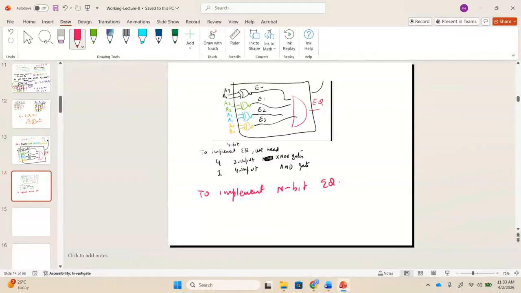N two-input exclusive NOR gates, and one N-input AND gate. Got it or not got it? Any question?